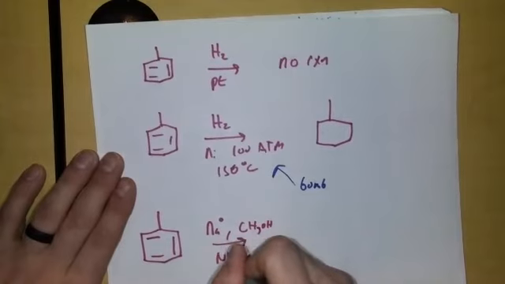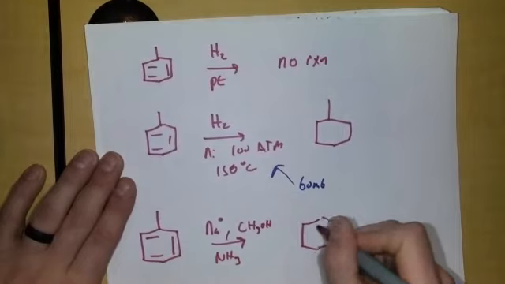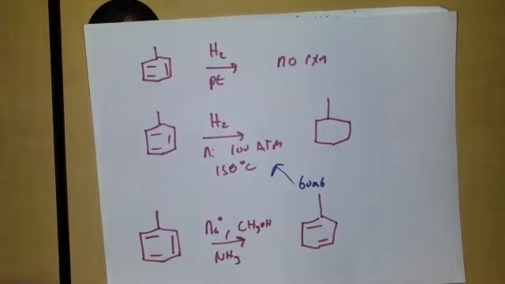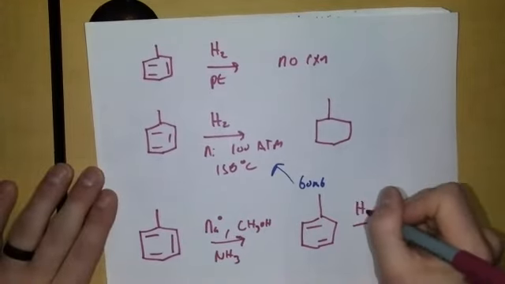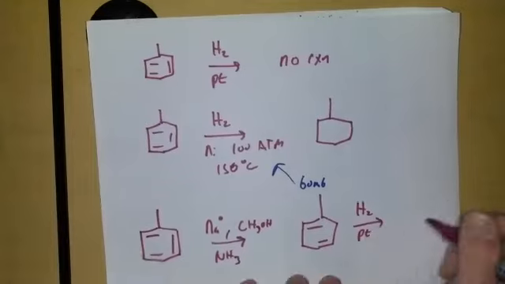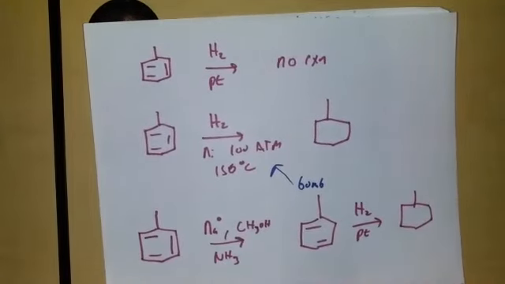And methanol and ammonia, this is going to be able to do a reduction to this diene here, which is no longer conjugated, it's no longer aromatic, so you just throw in H2 and platinum to get this product here.